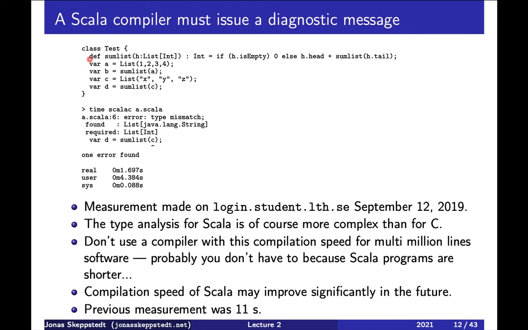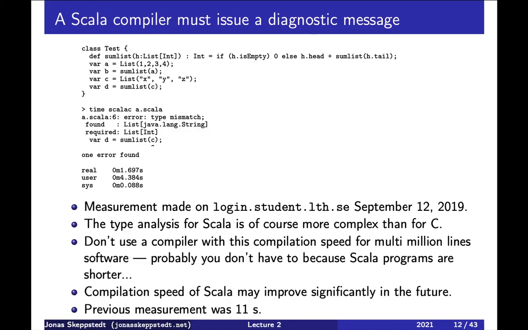It's similar to the Common Lisp function. We first check if the list is empty, then we get the value 0. Otherwise, we get the value stored in that list node as head, and then we add the rest of this using tail to get the rest of the list.